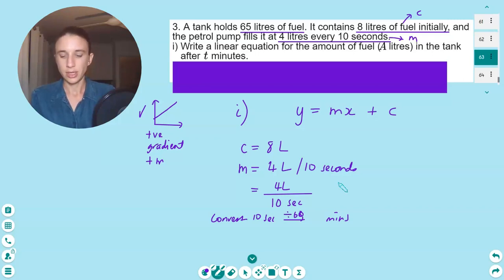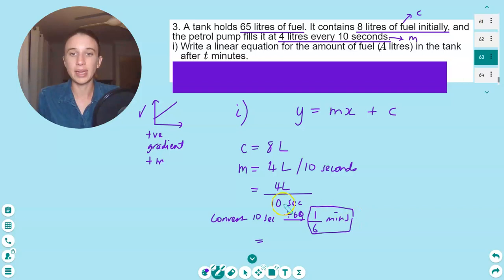Hopefully you know how to convert seconds to minutes. So 10 divided by 60, and it could be a fraction actually. It's 1/6. Okay, so that is going to be our m value. Oh, actually, no, it's not. Sorry, bad start to the video. So 10 seconds is 1/6 minutes, right?